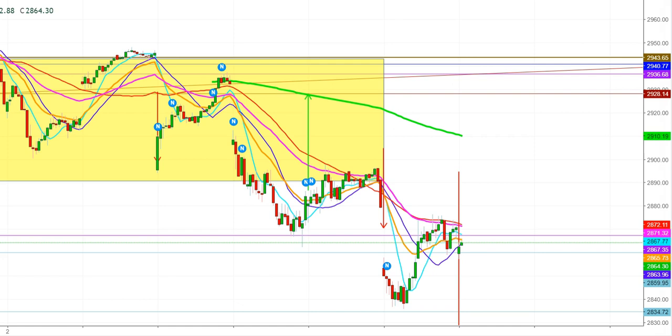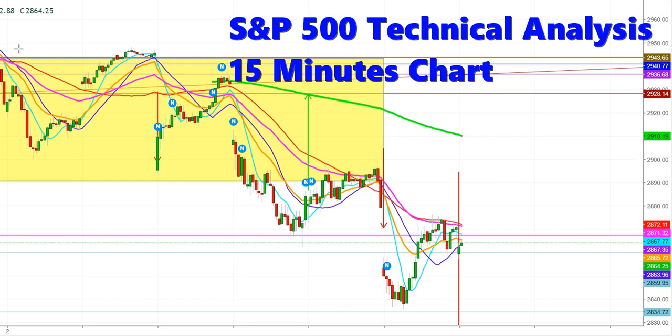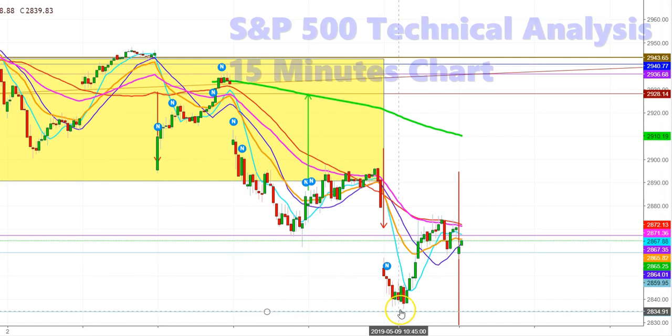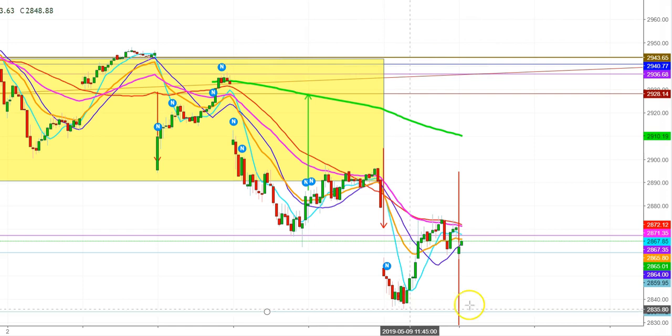Now let us see these moves in a 15-minute chart. Here you can see that the S&P 500 has been constantly maintaining a downward trend since May 2nd, 2019.